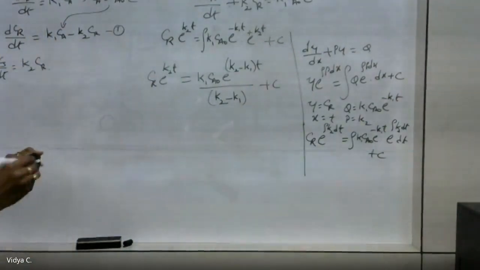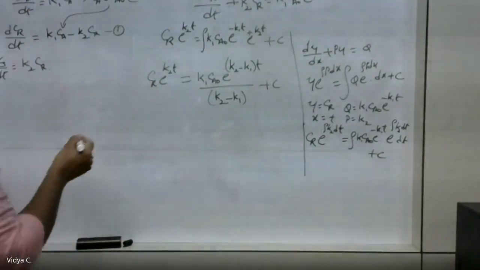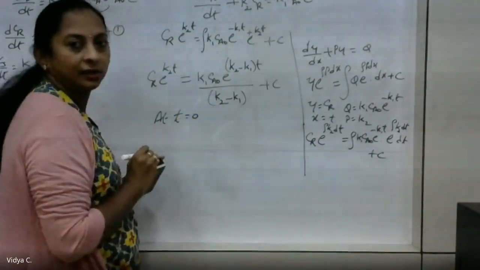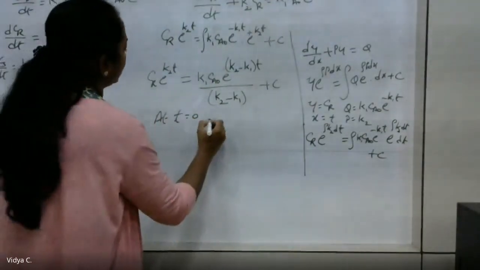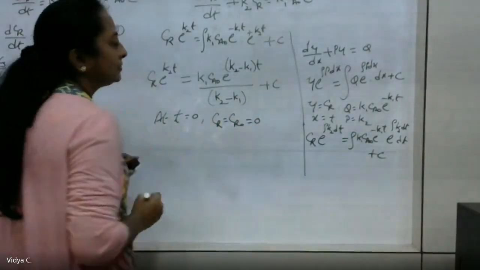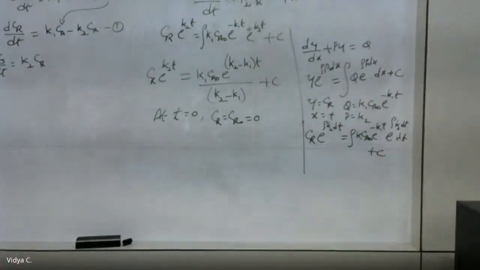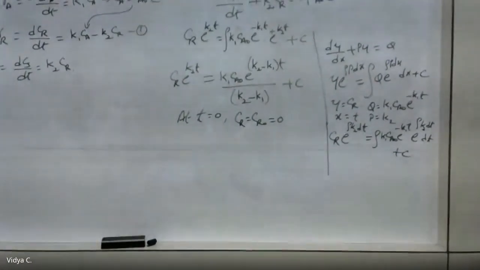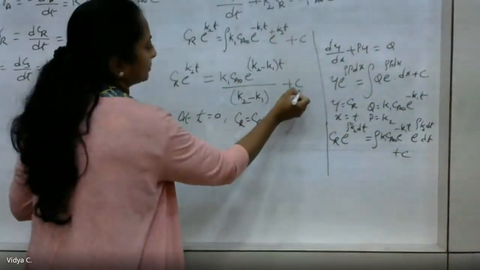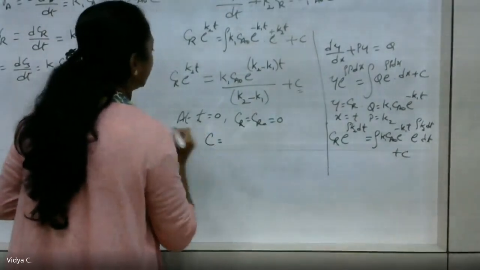So now the next thing is at t is equal to 0, initial time, CR is equal to CR naught, which is equal to 0. Next, if I put these values, I can get an expression for c. So therefore, c is equal to what?